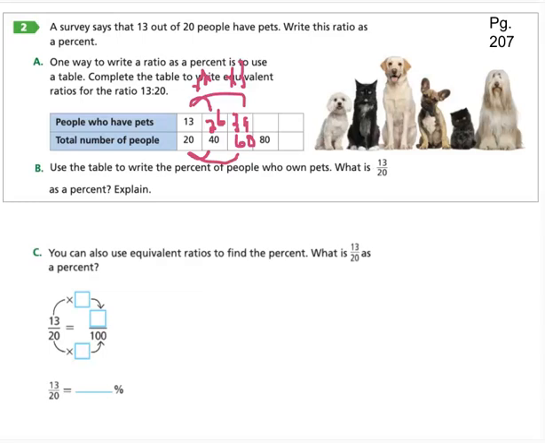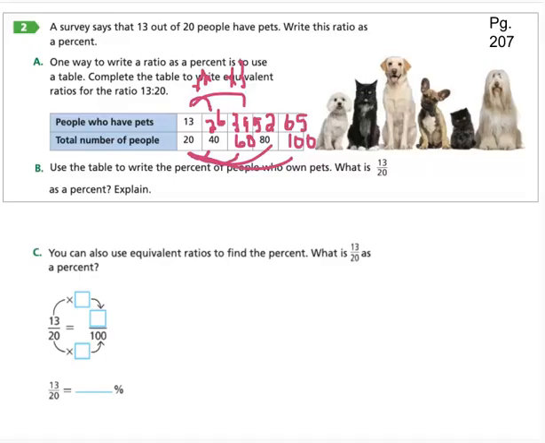Next is going to be times 4. So 13 times 4 is going to be 52. And times 5 is going to be, I believe, 65. But let's test our work and see if we're right.